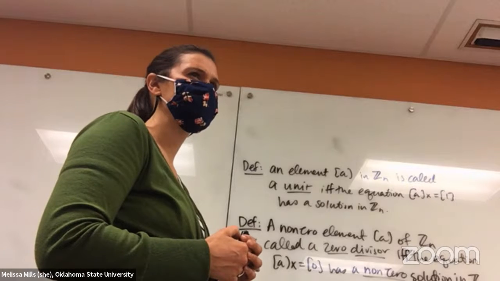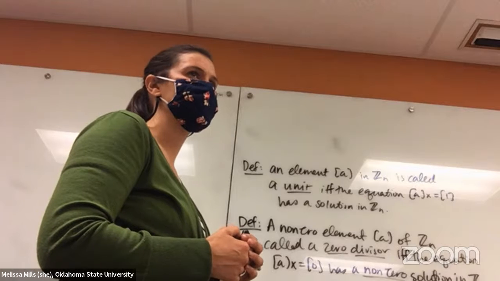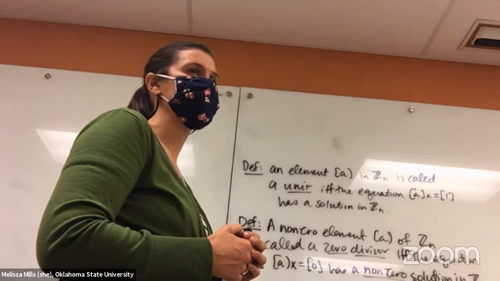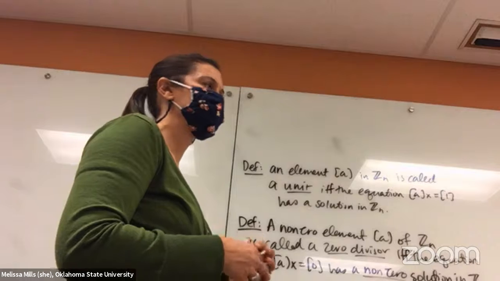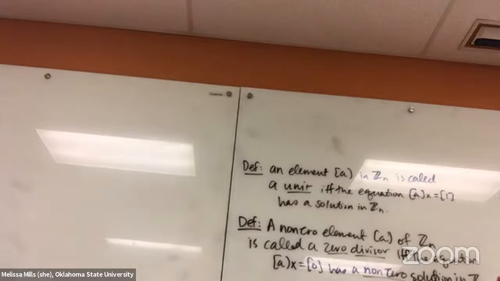I didn't know how to prove that something was a zero divisor. It was the one that was AX equals B has no solutions. Yeah, it's 2.3.16. Okay, read it out to me so I can write it down.